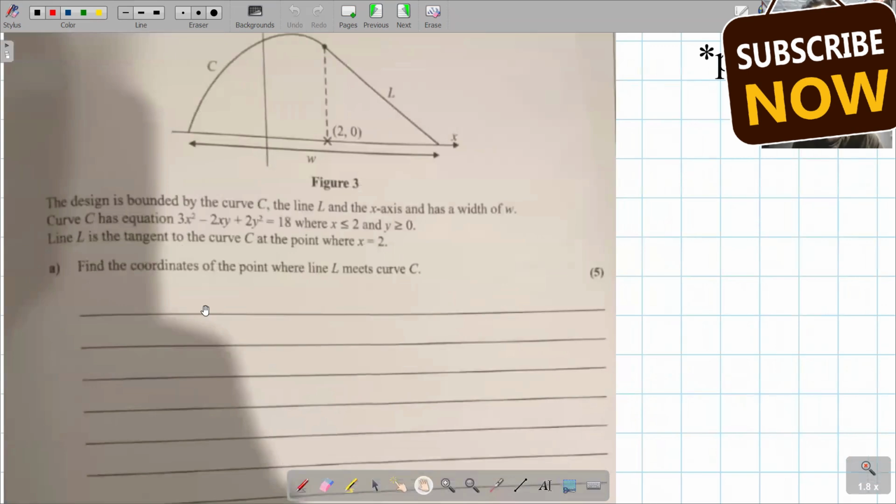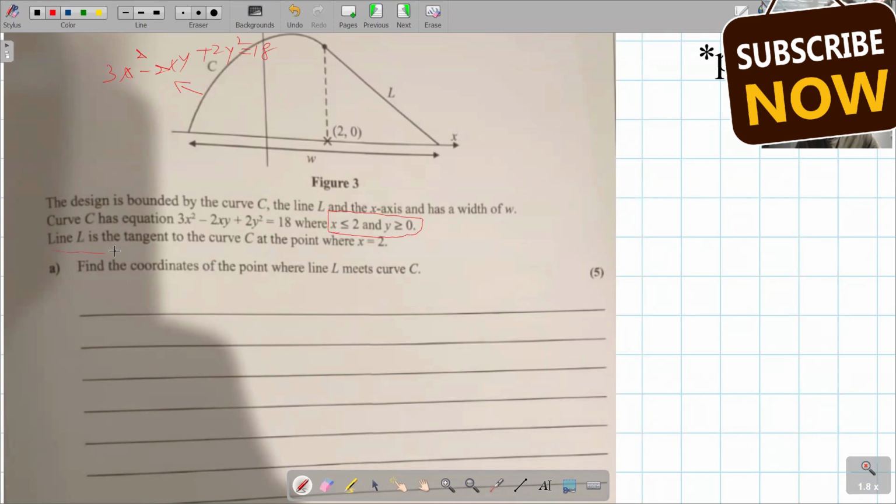So the design is bounded by the curve C, the line L, and the x-axis, and has a width of W. The curve C has equation 3x squared minus 2xy plus 2y squared equal to 18, where x and y are in this domain.